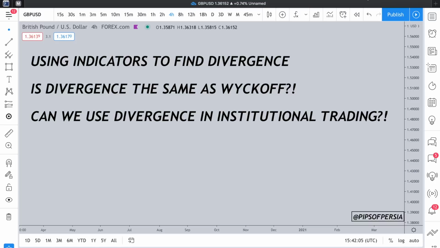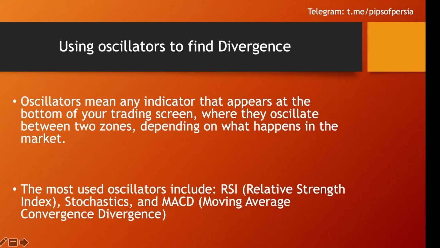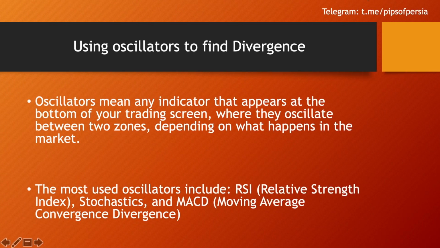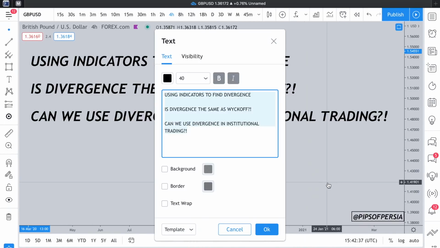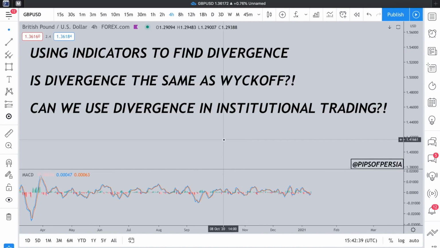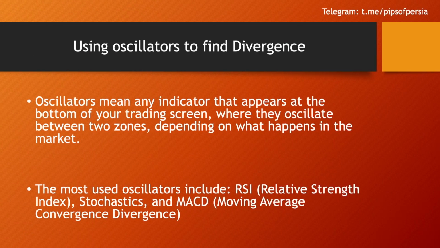So firstly, let's have a conversation about what divergence actually is, how we use it alongside the indicators or oscillators, and have a look at a few chart examples as well. First things first, when I mention oscillators, I simply mean indicators that appear at the bottom of your trading screen. For example, your MACD, your RSI. But not only that, indicators that are in a way oscillating between two zones.